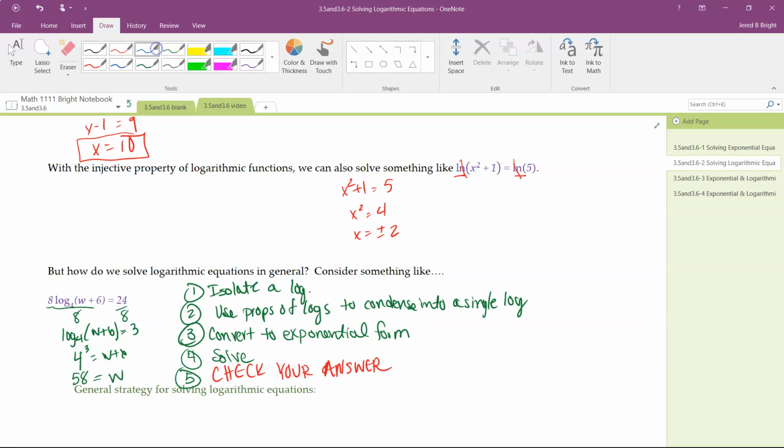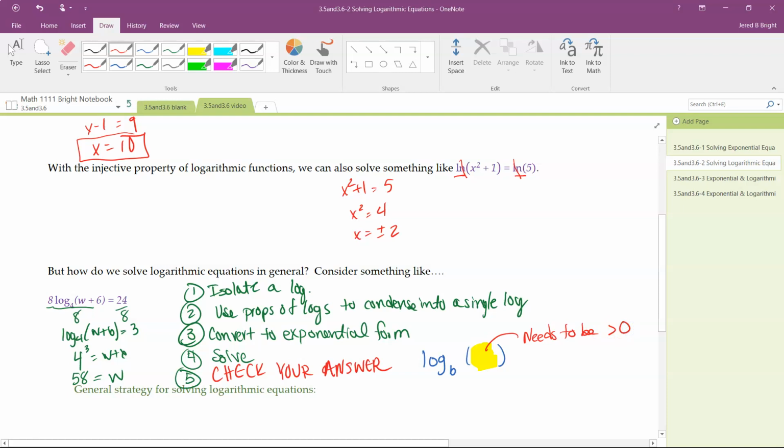And how we check it is we look at the logarithm that we have. So we look at log base b of whatever, and the stuff that is inside the log, when you substitute back in, needs to be positive, bigger than 0.